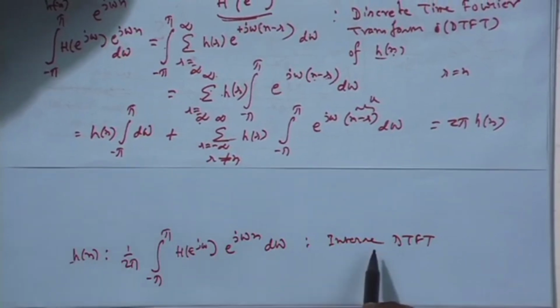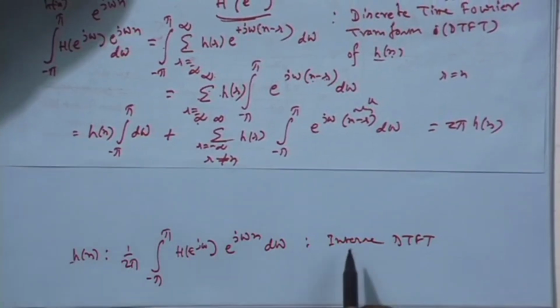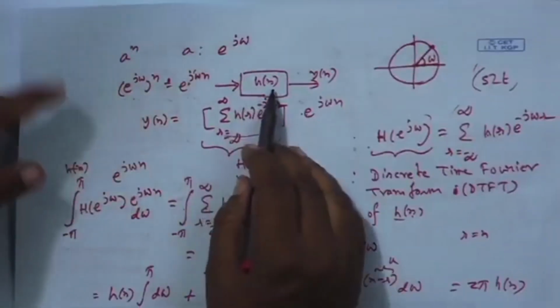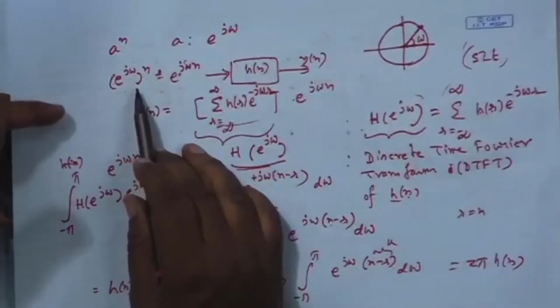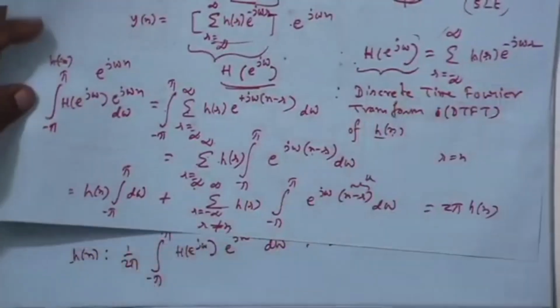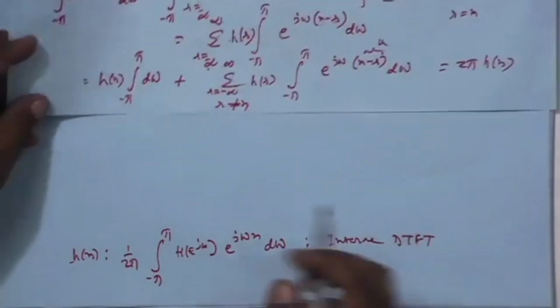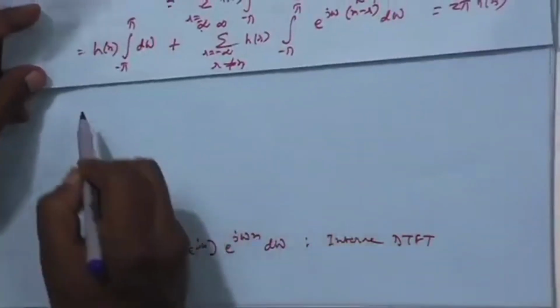It is called the inverse DTFT. All right, it is not only for h n, the system impulse response, it can be done for any sequence including x n. It has a lot of properties, but I am coming to that later. But what is the implication of this? Now consider that linear shift invariant system.